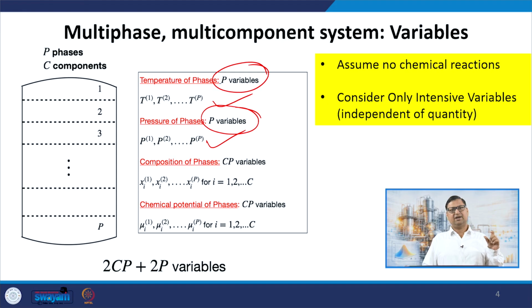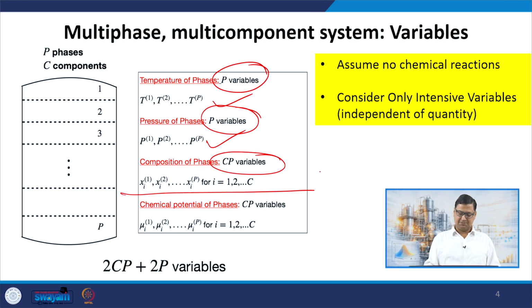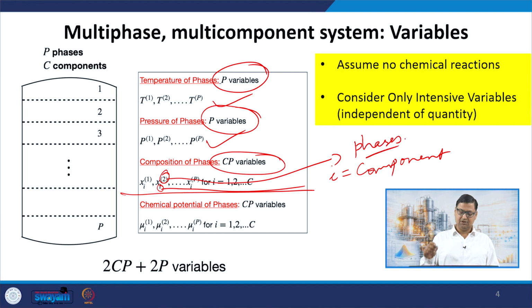So, therefore, we can define C mole fractions for each phase. So, in total for p phases we have Cp variables. Again here subscript is for the component. So, i stands for the component and the superscript is indicative of the phase it is in.